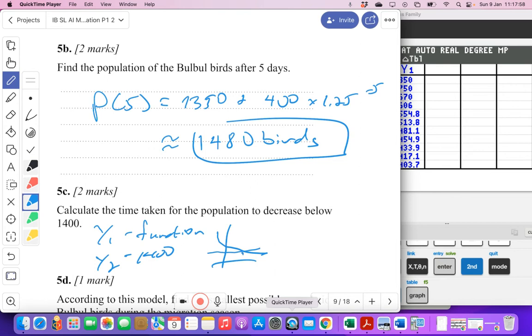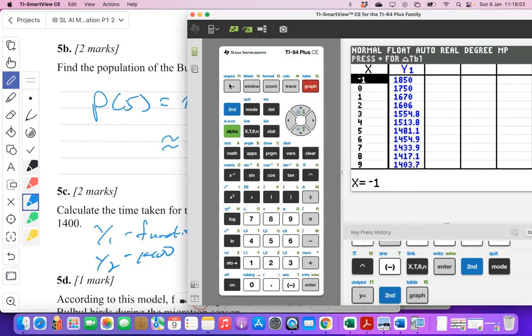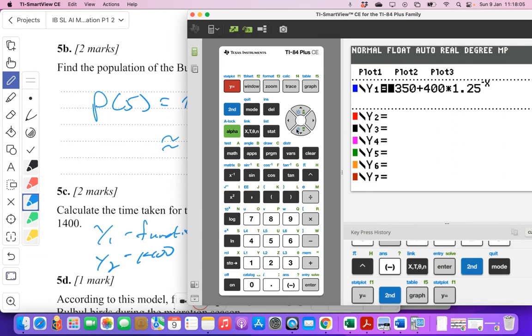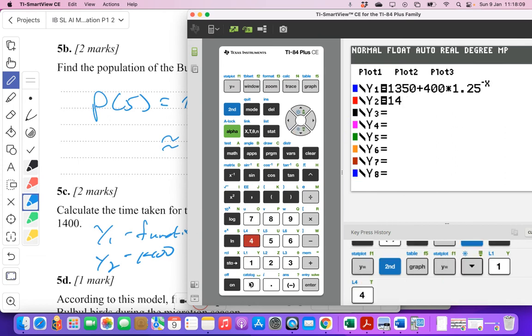Okay, looking for that point of intersection. So go back here, put in 1400. Started at 1750, huh? And it's coming down to 1400.